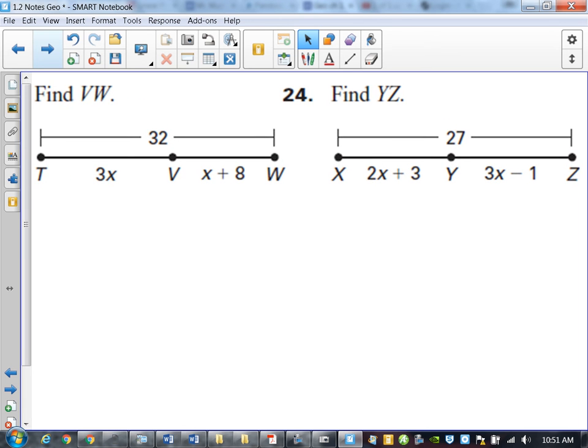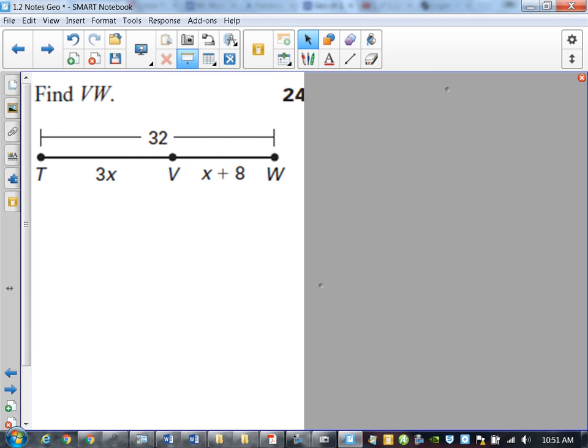Sometimes it's just an algebra problem. Sometimes it works out to be a regular old boring algebra problem, where you have a segment TW, and it's made up of TV and BW. And then it asks you to find the segment BW.